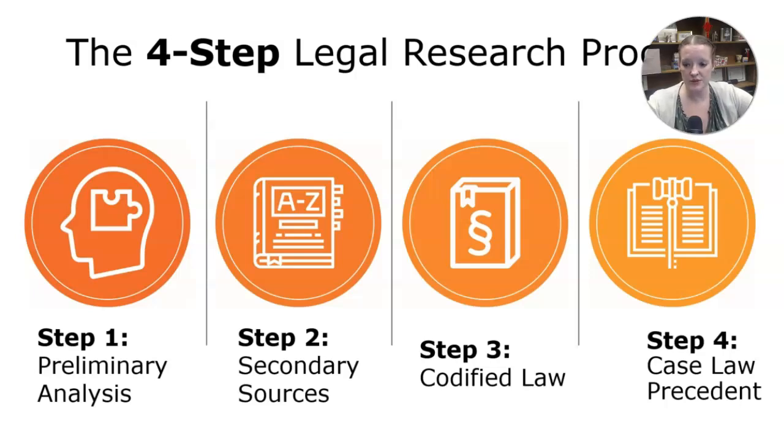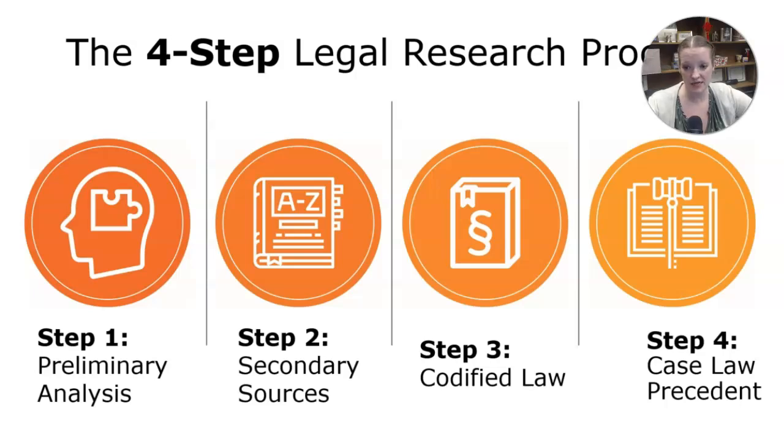So from that issue analysis, we've hopefully pulled some keywords or key phrases that we might use to seek out relevant secondary sources. So that's our next step, right? Step 2, we're looking to secondary sources for a couple of reasons. The first of which is to get that background contextual understanding.